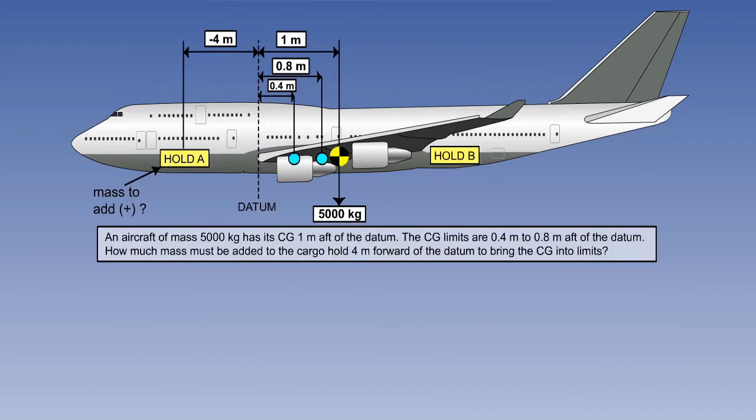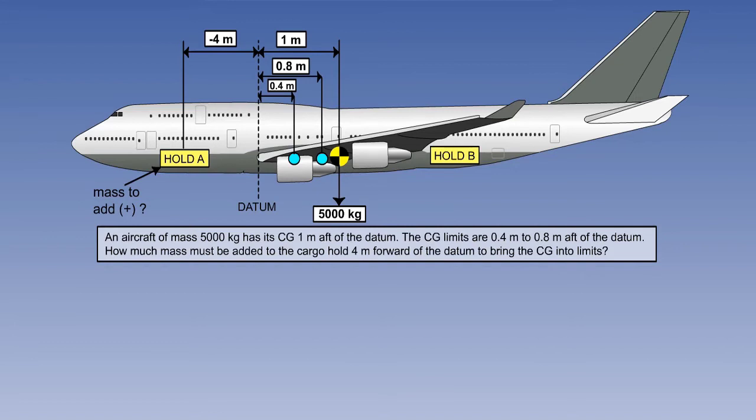We can now work through an example for correcting the centre of gravity, which is aft of the aft centre of gravity limit, by using the adding or removing mass formula. This example requires finding out how much mass, little m, must be added to the forward cargo hold A, 4 meters forward of datum, to bring the centre of gravity onto the aft limit, 0.8 of a meter aft of datum.